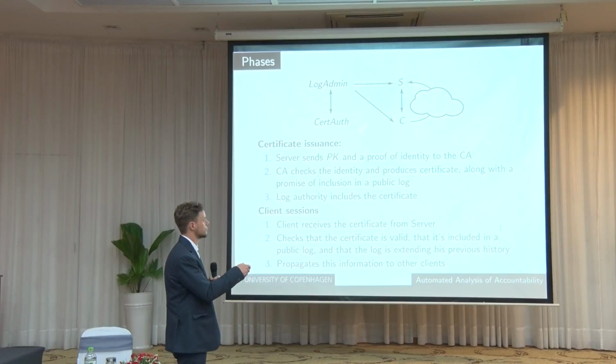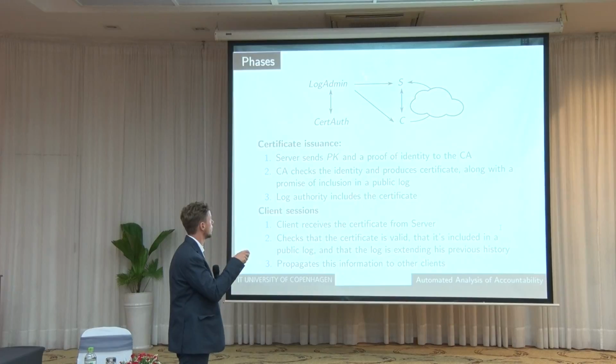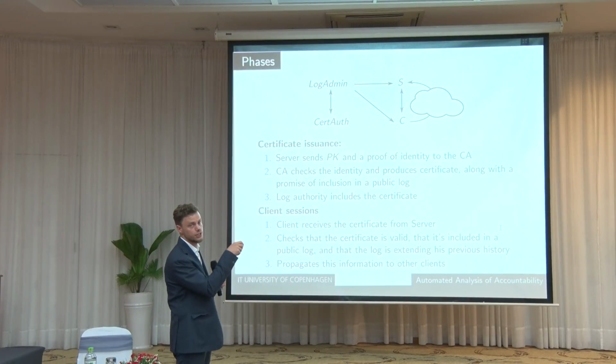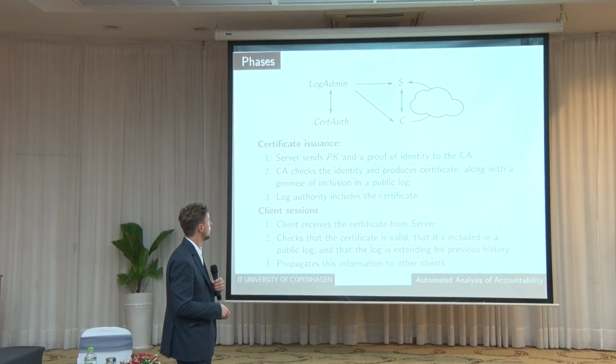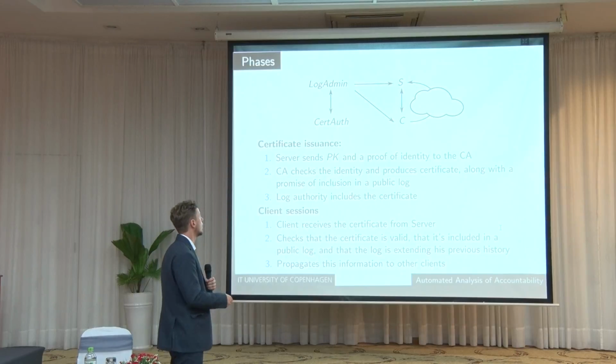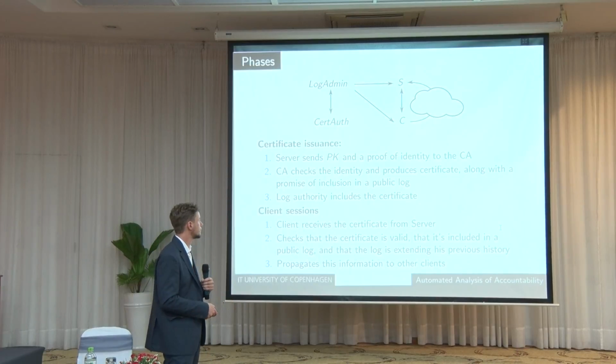So basically, it wants to insert this certificate in the log. And it will talk with the log administrators to make sure that they get it. And finally, the log authority, after some time, hopefully soon, will include the certificate.